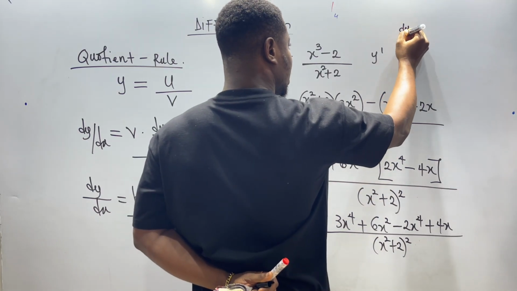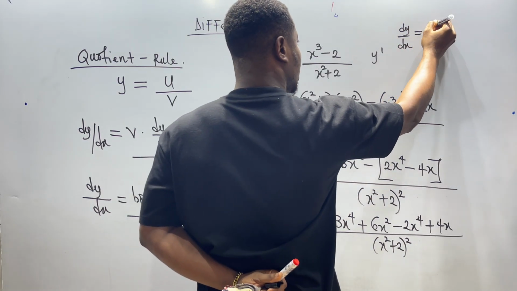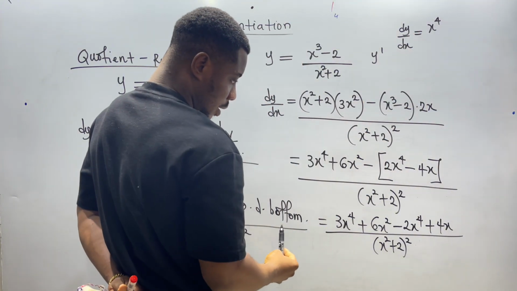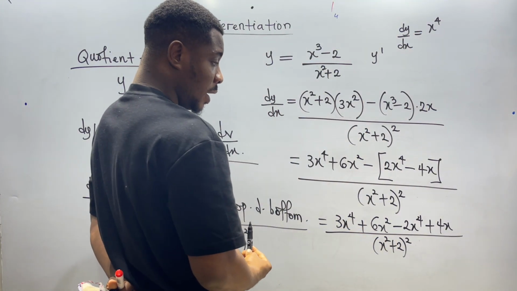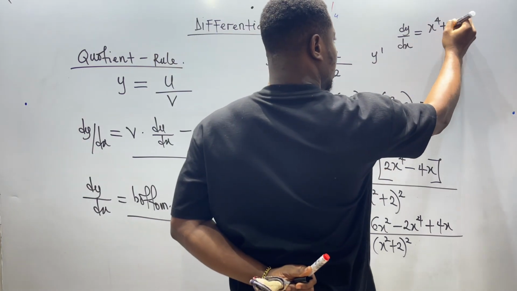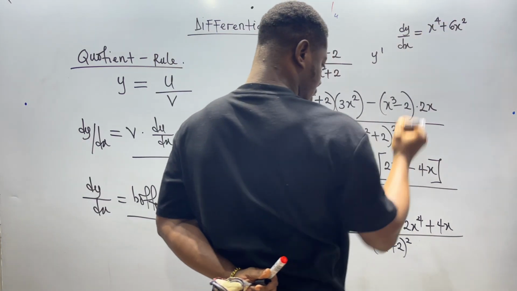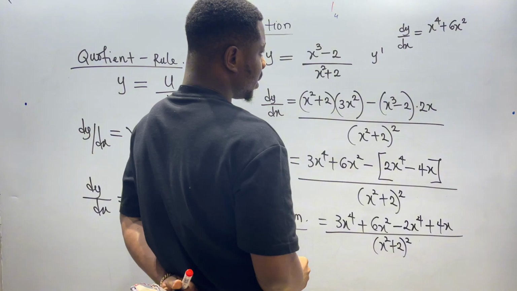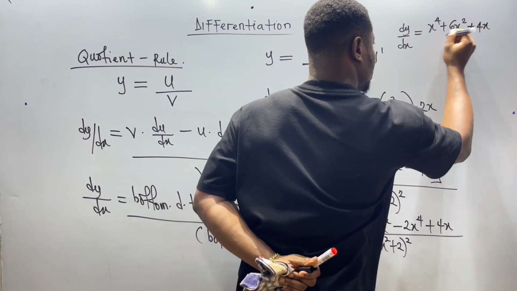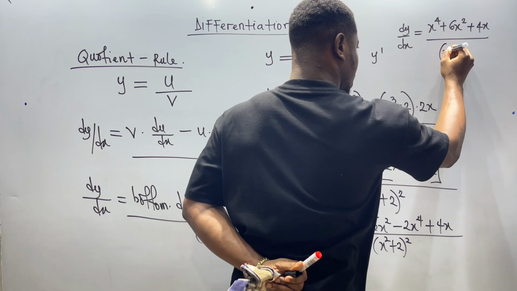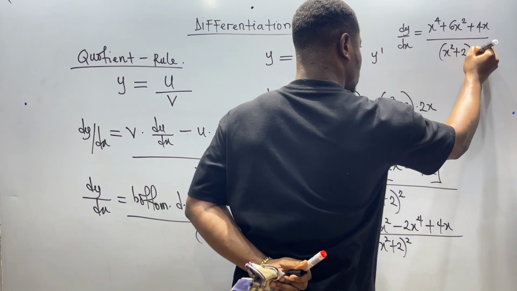So my dy over dx therefore becomes x to the power of 4, okay, because 3x to the power of 4 minus 2x to the power of 4 gives x to the power of 4. Then plus 6x squared plus 4x divided by what we have here, x squared plus 2 whole squared.